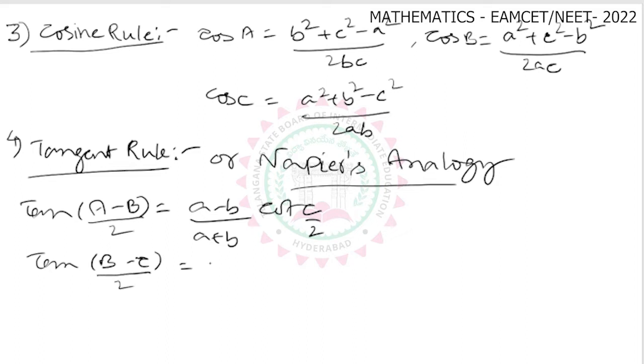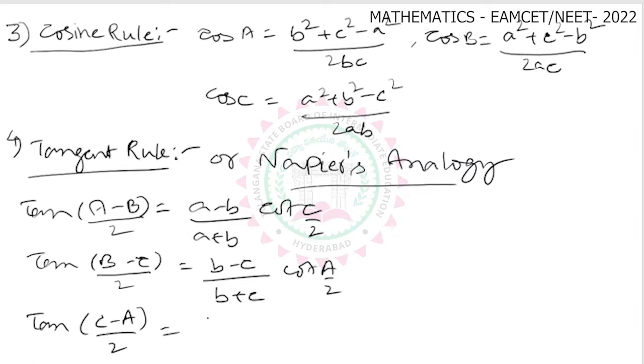Tan of (B minus C) by 2 is equal to (b minus c) by (b plus c) into cot A by 2. So if you want to write a minus b, here (a minus b) by (a plus b) will come. What is the remaining angle? C. So cot C by 2 will come this side, right? Similarly, tan of (C minus A) by 2 is equal to (c minus a) by (c plus a) into cot B by 2. Is it clear? So this is about the tangent rule, right?